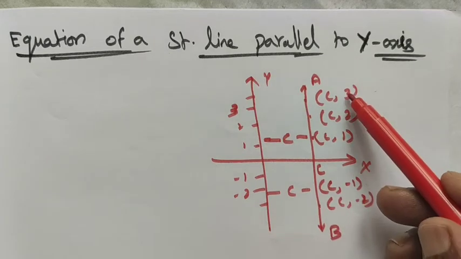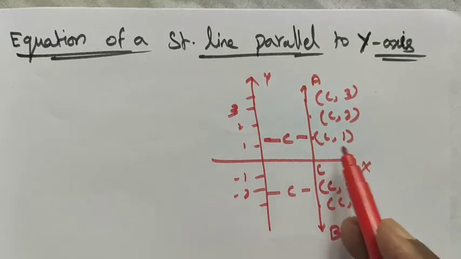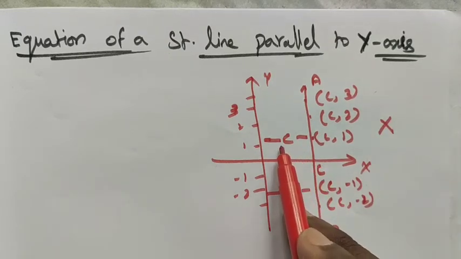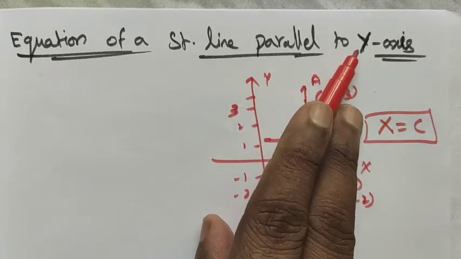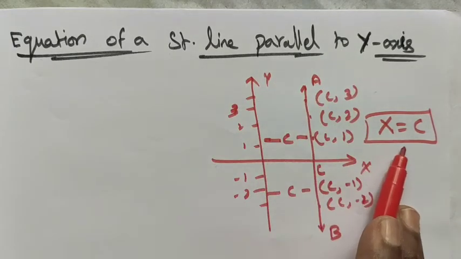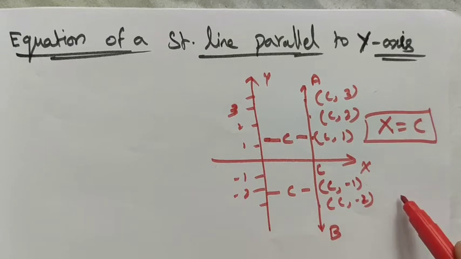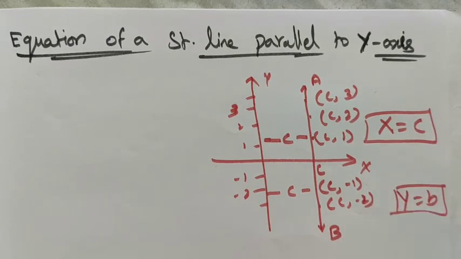See, wherever the y values are changed, the x values remain the same, that is the distance of x. So x is equal to c. The equation of the straight line parallel to y axis means x equal to c, parallel to x axis, we already saw that y is equal to b, right?